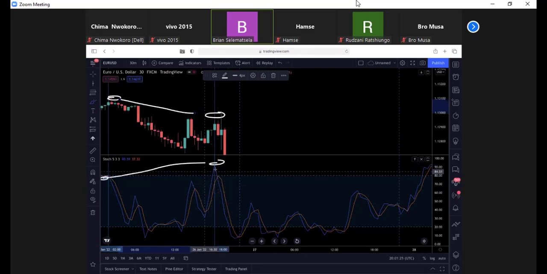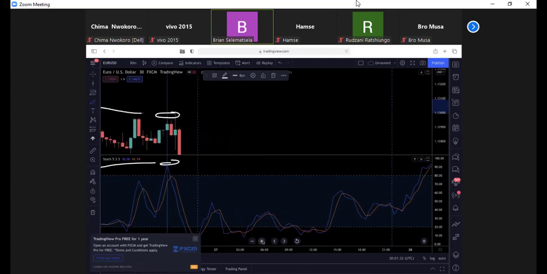What we care about is the second point, touching the overbought or oversold.